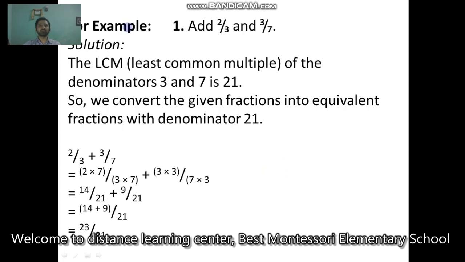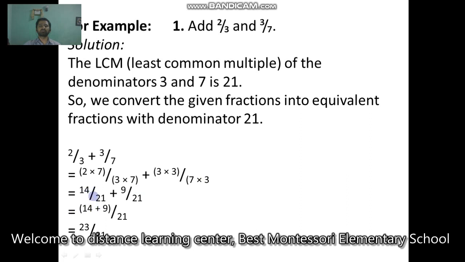Summarizing it, we must first get the fractions 2 by 3 and 3 by 7. We find the LCM of the two denominators, which is 21, and we make both denominators the same, 21, the number we have as the LCM. 3 into 7, multiplying by 7 in both numerator and denominator. 7 into 3, multiplying by 3 in both numerator and denominator.